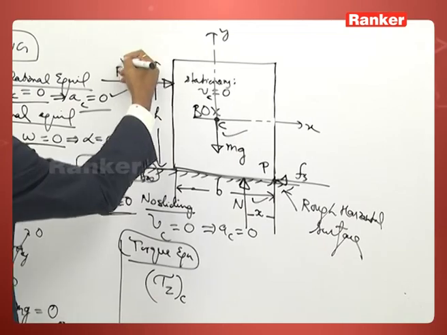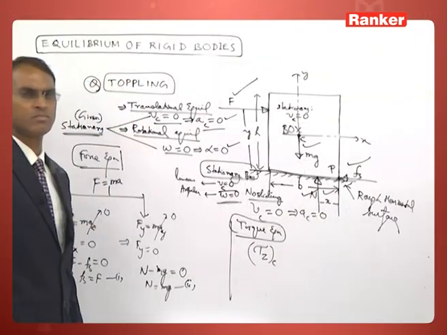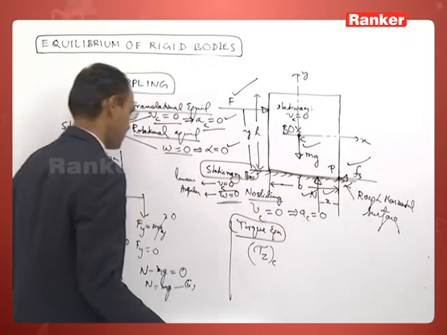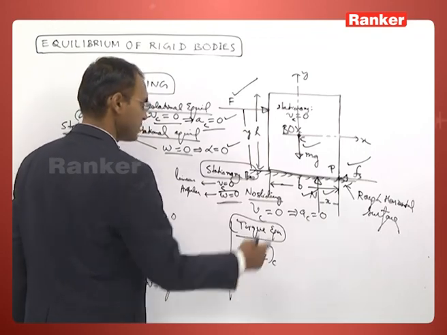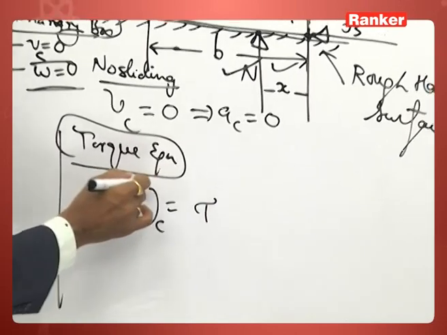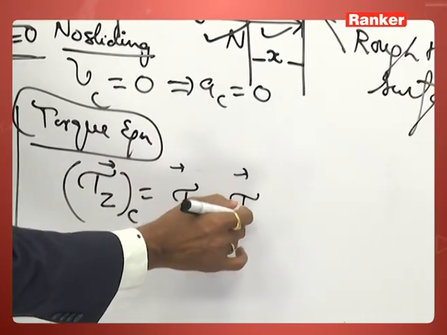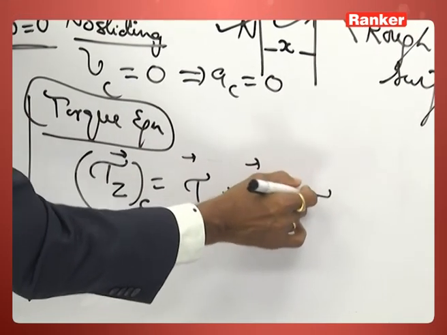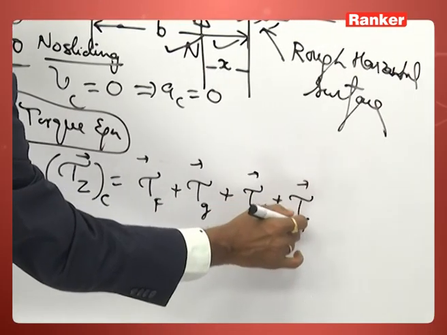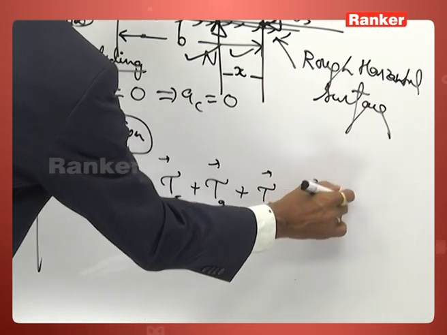The torque is produced by this force, and this force: applied force, normal reaction, and static force of friction. The sum of torque due to the applied force, torque due to gravity, torque due to normal reaction, and torque due to the tangential reaction force, that is none other than the force of static friction, will be equal to 0.